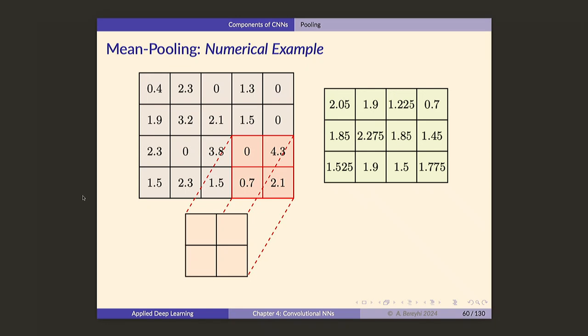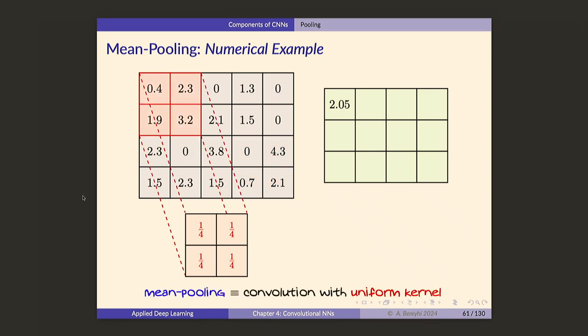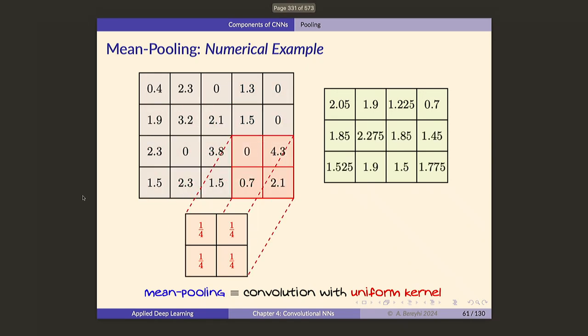And if instead I simply assume that I have a filter whose weights are 1 by 4, and I convolve this filter with this input, I'm going to get exactly the same thing. Yeah? It's basically the same thing, right? But you are not going to think of a general weight now, correct? It's a kind of uniform weight, predefined, and you do know it. So clear about the mean pooling?